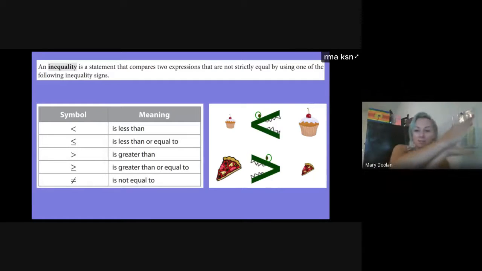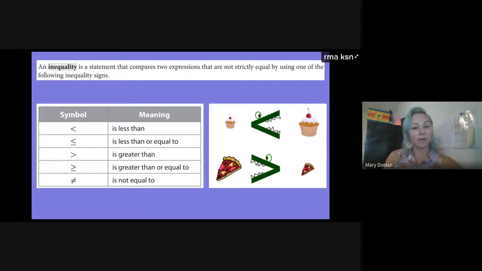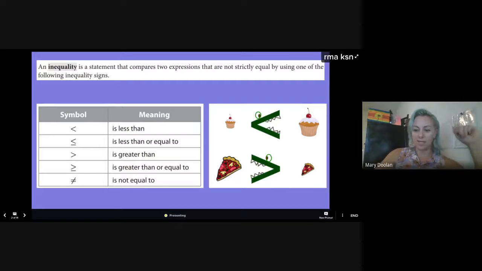It's always trying to eat the bigger thing, whatever's larger, the bigger piece of pizza or the bigger cupcake, the bigger number. As you're doing these with variables, if you're not sure you set it up the right way, you can always substitute a number in place of the letter and see if it makes sense. We'll look at how we do that today.